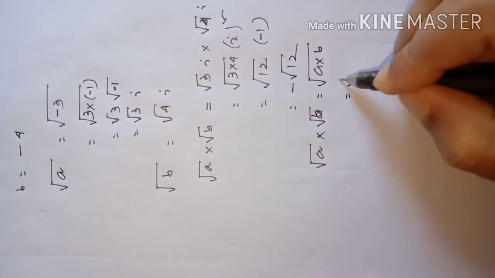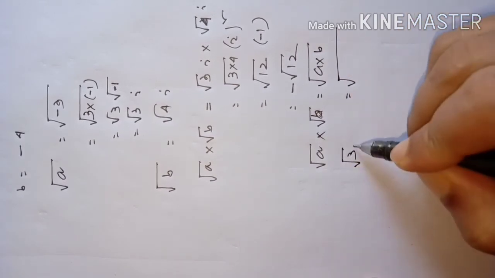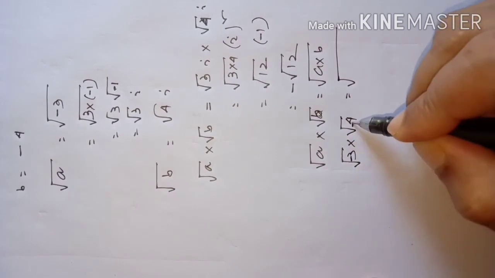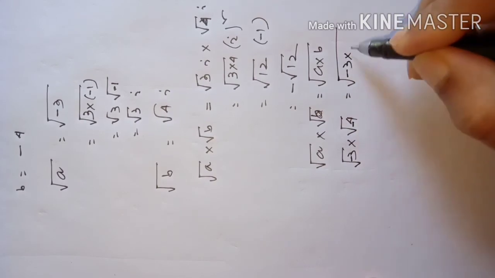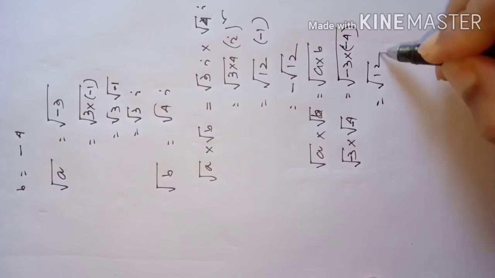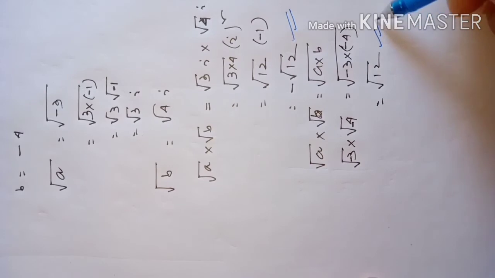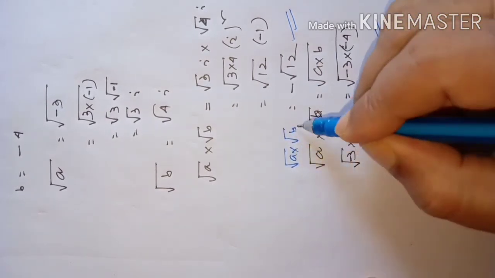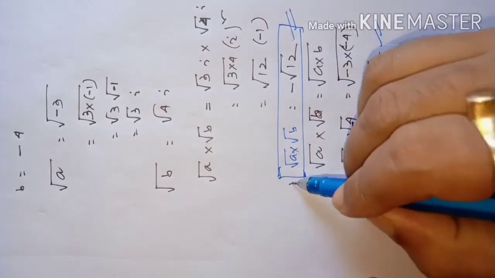Taking under root minus 3 and under root minus 4, if we multiply this way, then it will be minus 3 multiplied by minus 4, which will give us under root 12, which is contradictory to this one, which is to be taken as correct. Under root a under root b is equal to minus under root 12.